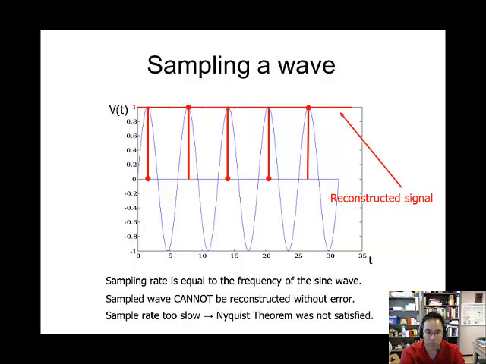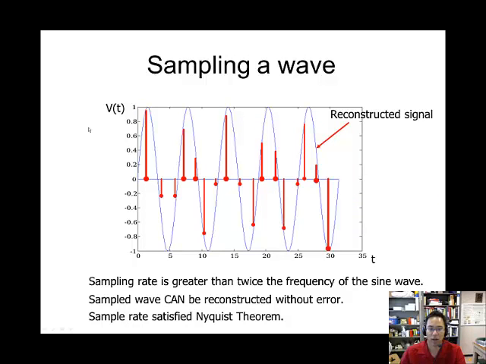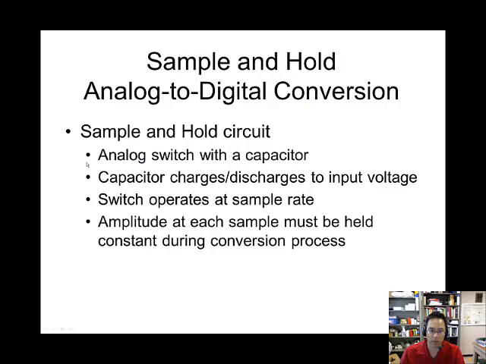If we have the sine wave and we only sample at the frequency of the sine wave, we won't be able to reconstruct the sine wave, as shown by the top red line up here. However, if we sample at least twice the frequency, then we can actually reconstruct the sine wave. So that's the review of Nyquist sampling.